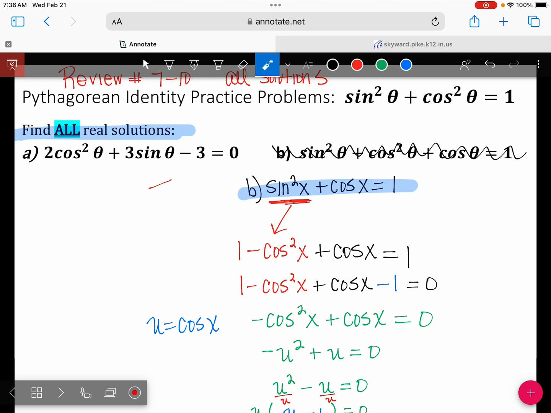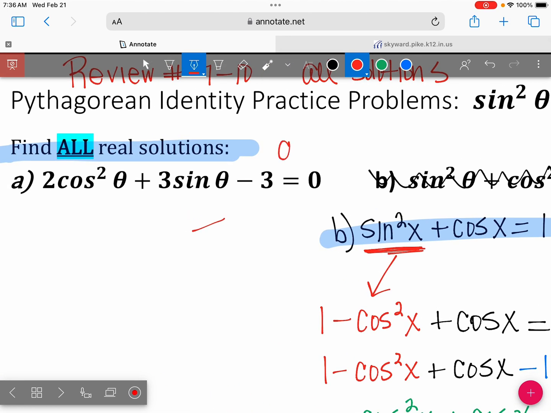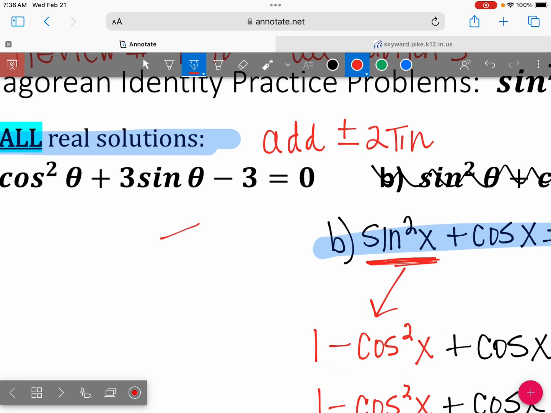But if it said an interval 0 to 2 pi, that means I only want the answers on the unit circle. But if it says all solutions, that means I want answers from negative to positive infinity, which simply means that you need to add plus minus 2 pi n to your angles.